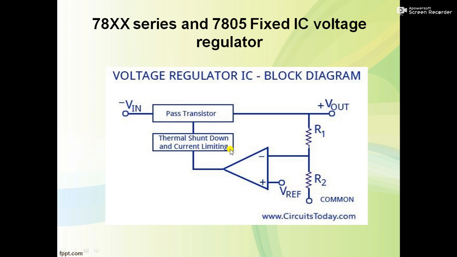It should not cross the limit value. If the current crosses this limit value, at that time with the help of the thermal shutdown circuit, we can automatically switch off this IC operation. Okay.